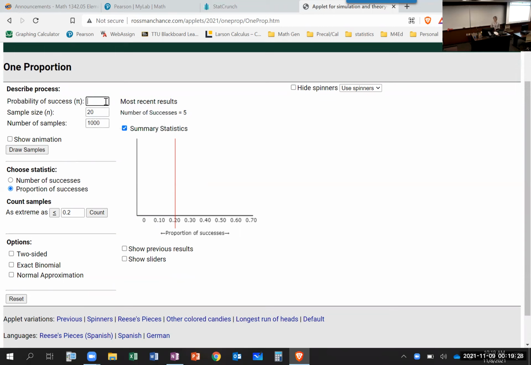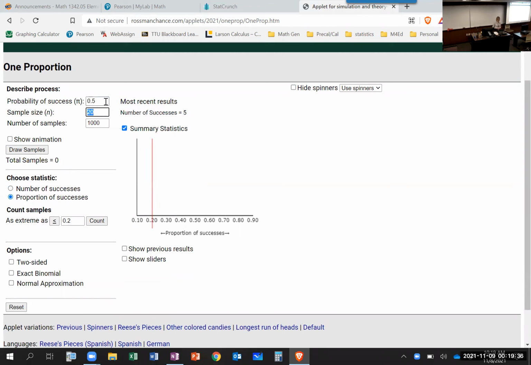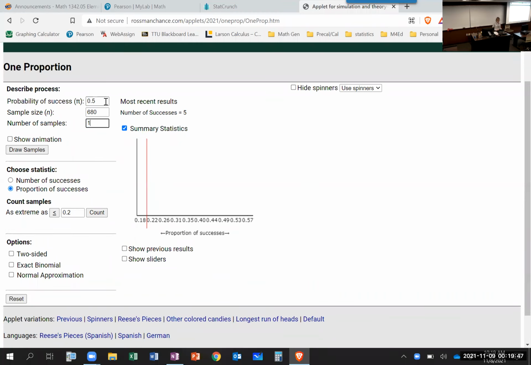In this first blank, what's the population parameter we just said? Okay, 0.5. What was the sample size that was given in this particular case? 680.